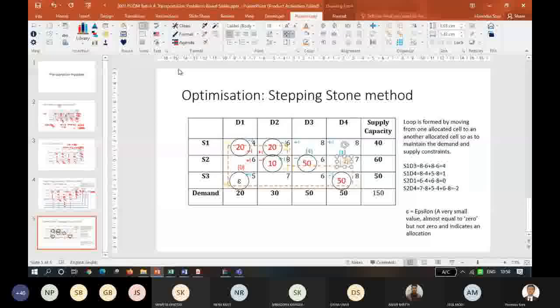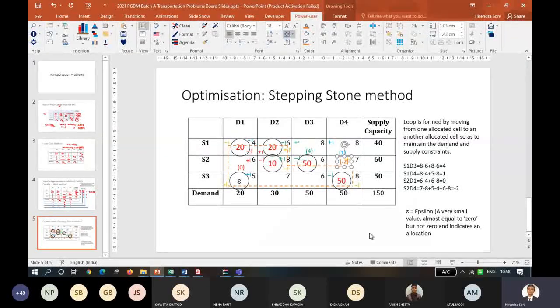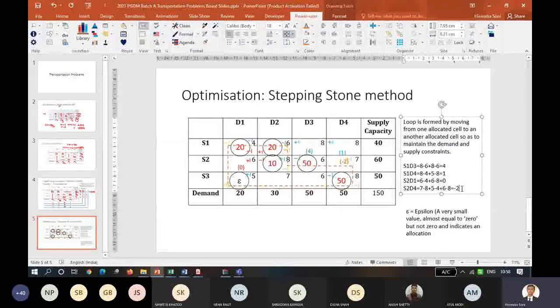Fine. Now let us look at the other two. बाकी दो cells कौन से हैं? S3D2 and second is S3D3. Fine. We'll check these also.